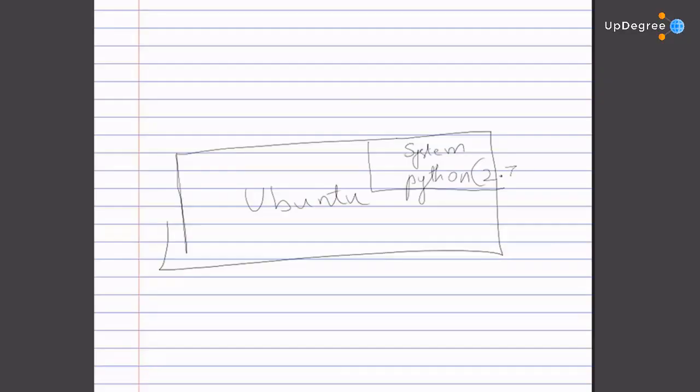Now we will be doing a lot of stuff in Python, and therefore we do not want to touch this system Python. This system Python will be getting used by a lot of other repositories inside Python itself, and also inside Ubuntu itself. Ubuntu has a lot of other modules that might be dependent on this system Python.